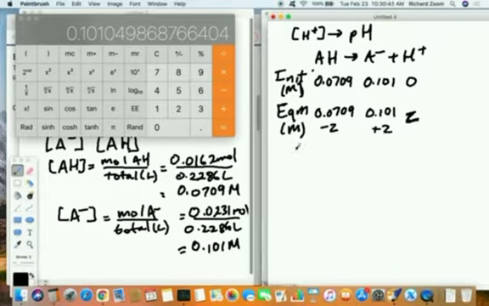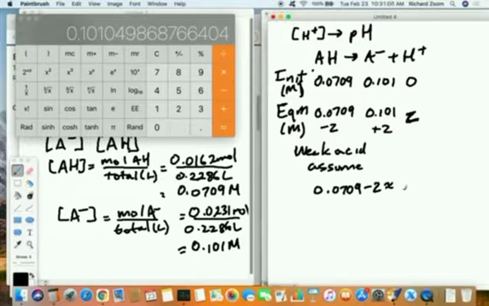And because it's a weak acid, we can assume that 0.0709 minus Z is approximately 0.0709, and that 0.101 plus Z is approximately 0.101.